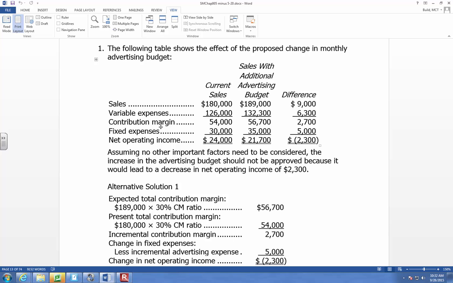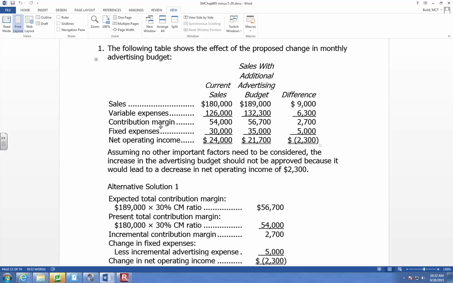What are they proposing to do differently? What's going to change in the cost structure? And increase sales by 9 grand. Then what's going to make that happen? How are they doing that? Yeah, they're going to increase the advertising budget. What does that do, Melanie? Does that impact my fixed or my variable expenses?